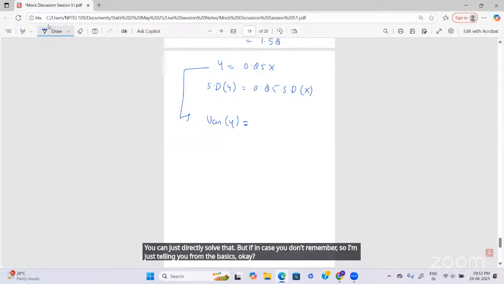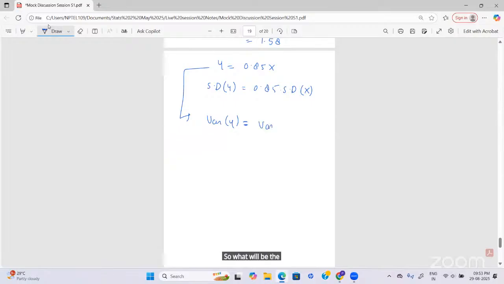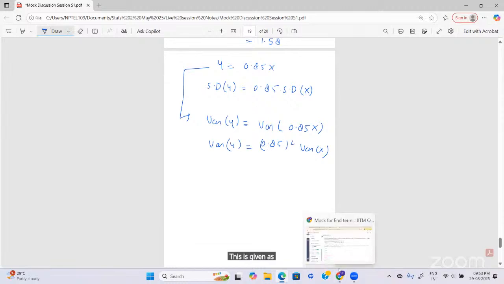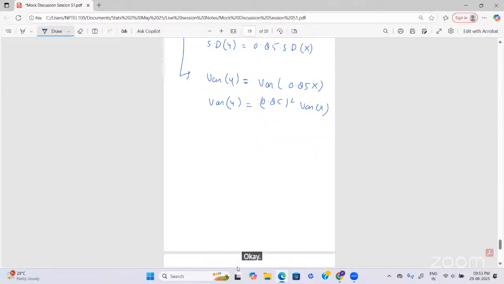So what will be the variance of Y? It will be the variance of 0.85 times X, which means 0.85 square times the variance of X. I'm just explaining how it comes. The 0.85 is given in the question. Okay, so now we have to calculate the standard deviation.